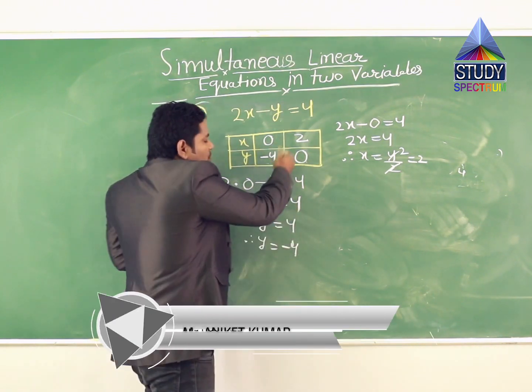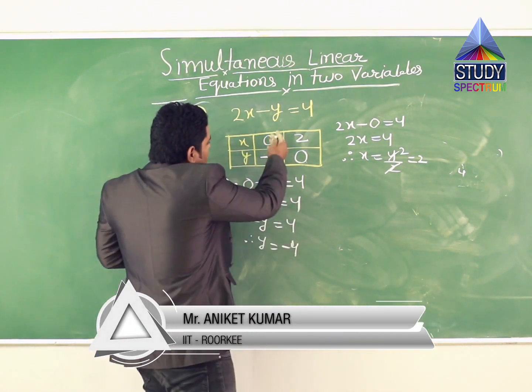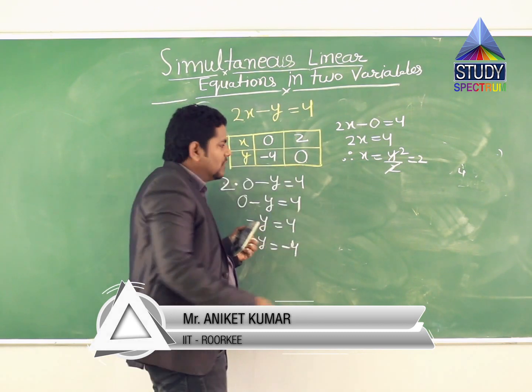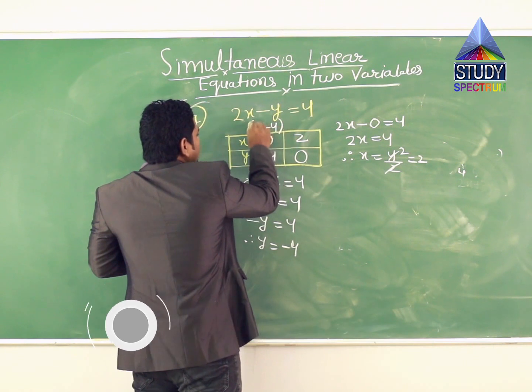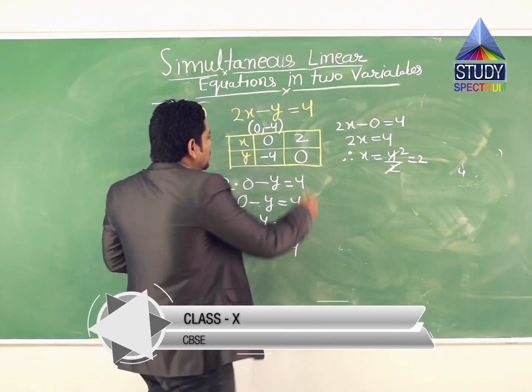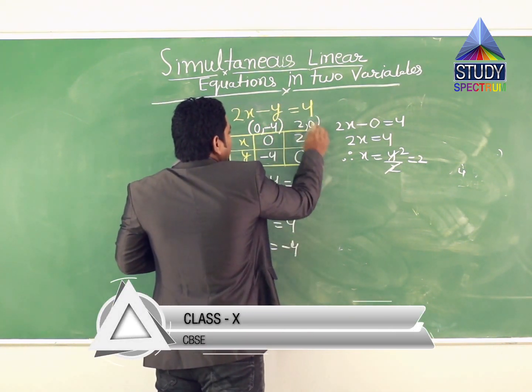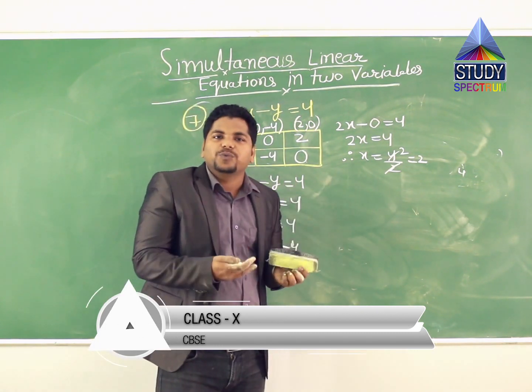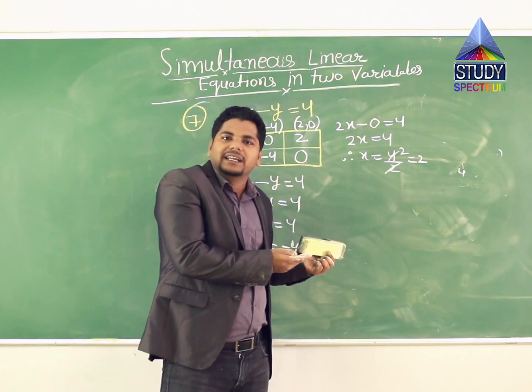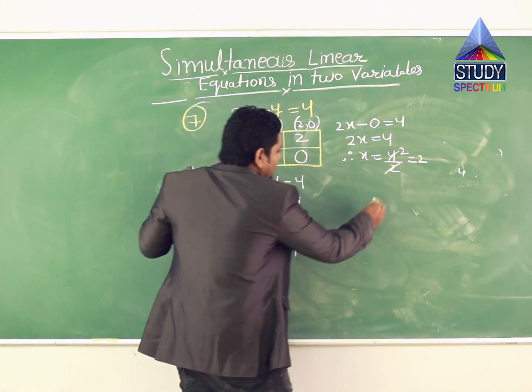Now we have got 2 points. This point is 0 comma minus 4 and this point is 2 comma 0. So we have got 2 points, so we'll draw a straight line on the xy plane.